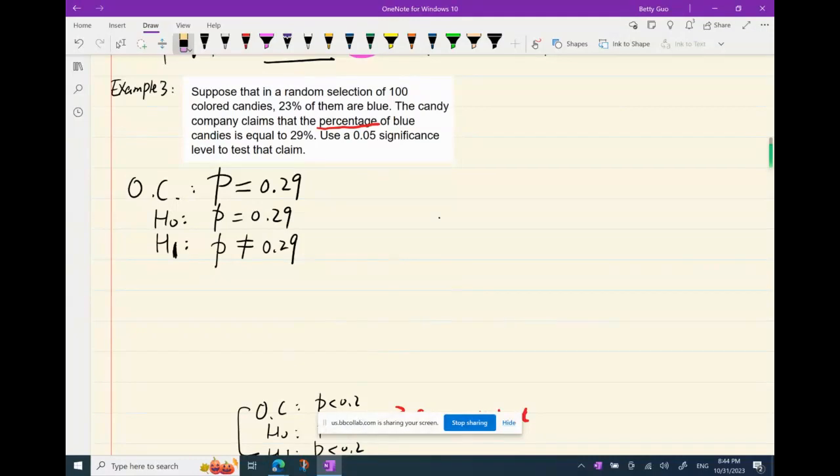You have plenty of practice to figure that out. This is a two-tailed test. The three examples: first the left tail, second the right tail, third the two-tail z-test.